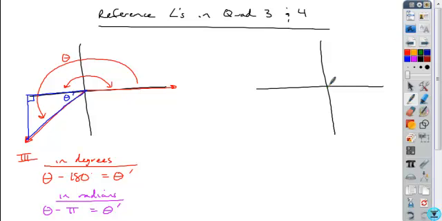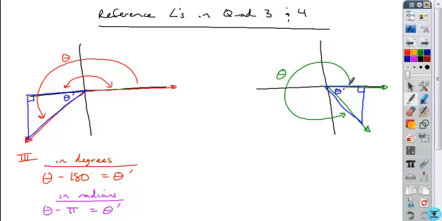Okay, and then finally, if you have an angle whose terminal side falls in quadrant 4, so that's your original angle, you draw your vertical line from the ending side to create your reference triangle. That gives you your reference angle at the origin.